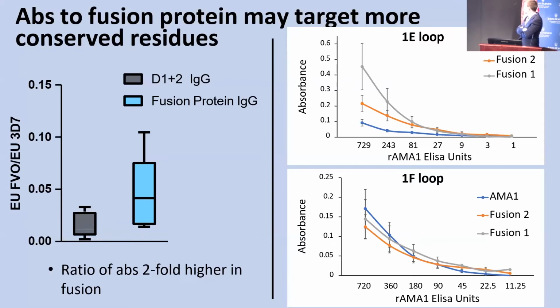And if we look in the top right, we also have the 1E loop, which is known to be a highly conserved domain of AMA1. And we see for both fusion protein 2 and fusion protein 1, significantly greater binding to the 1E loop in the fusion protein versus AMA1.